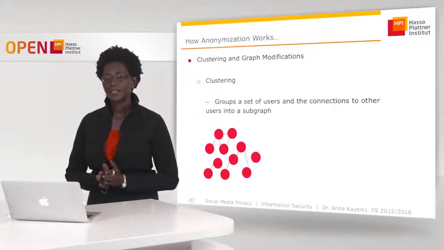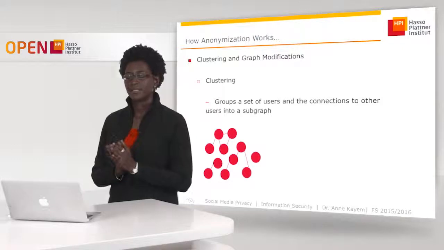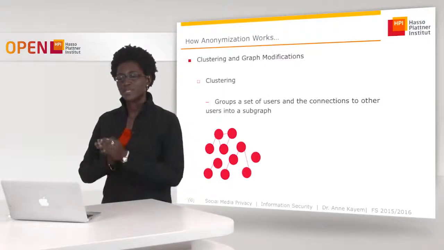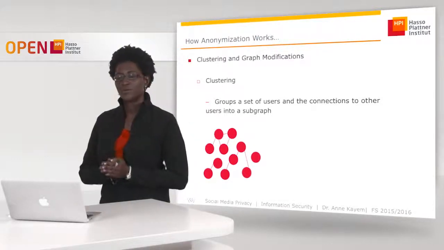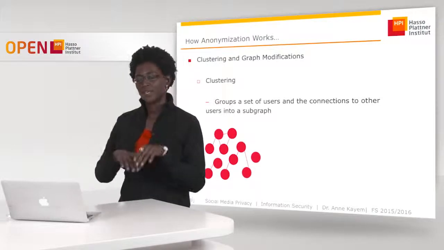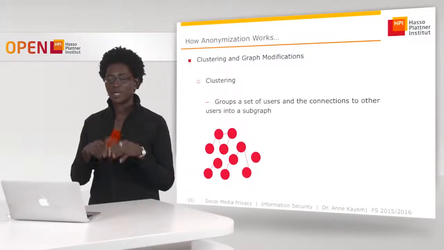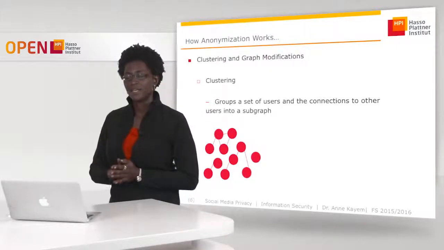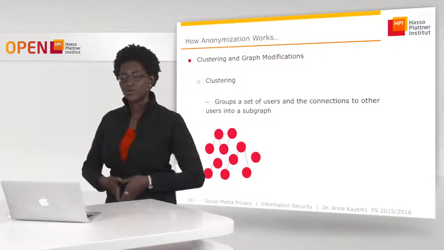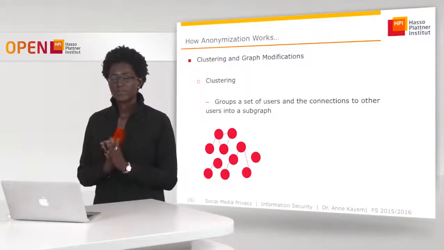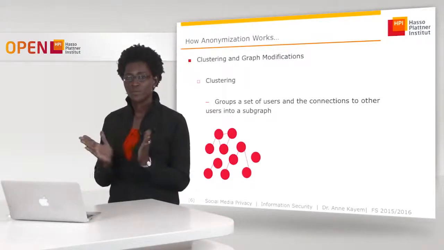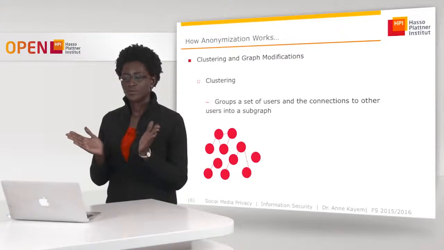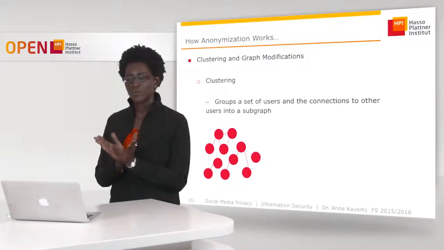So in the theoretical sense, when social media platforms allow you to anonymize friendship networks, to anonymize friendship groups, basically they are operating on, there are several methods, but we talk about two. They are operating on one of these two concepts.